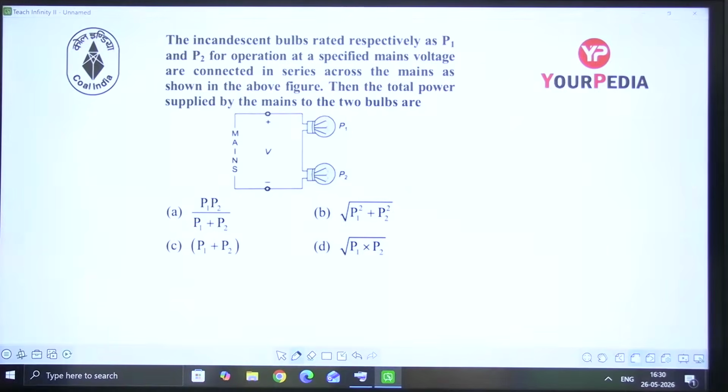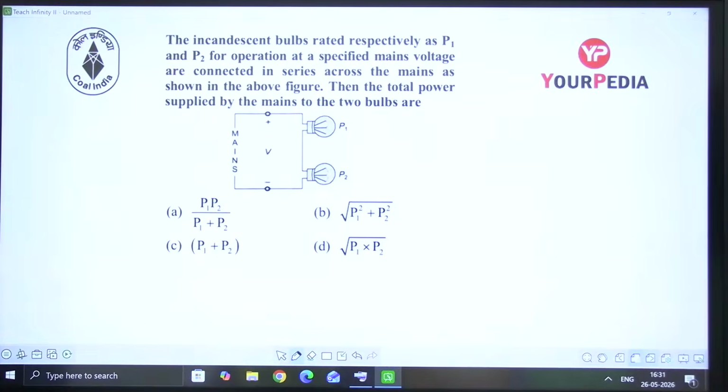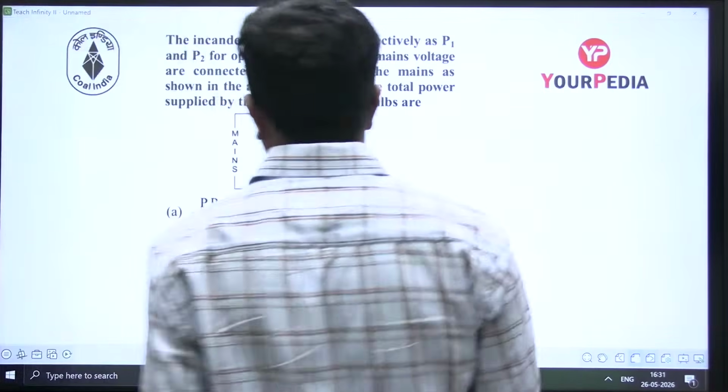Answer, please. Yes, answer. What is it saying?